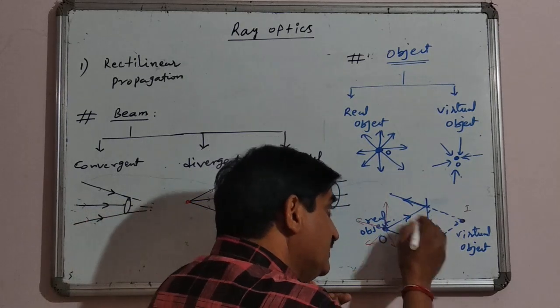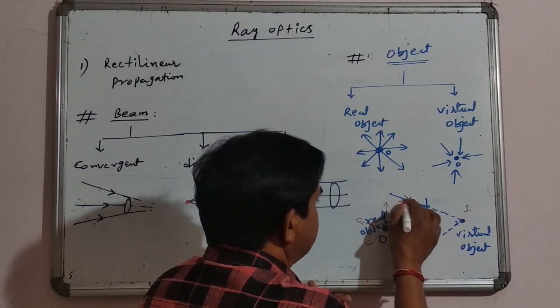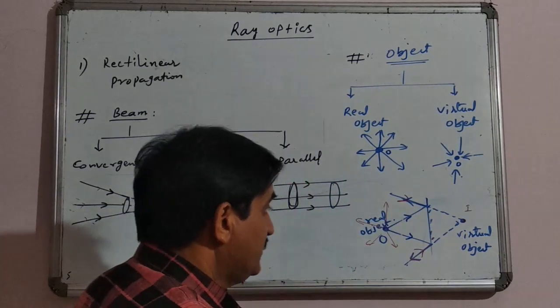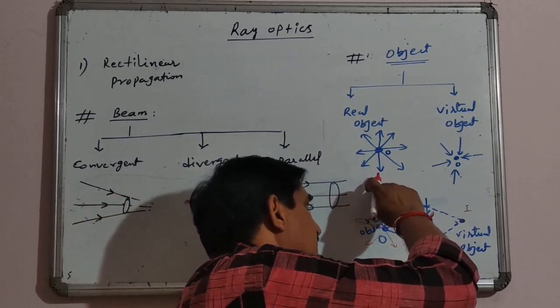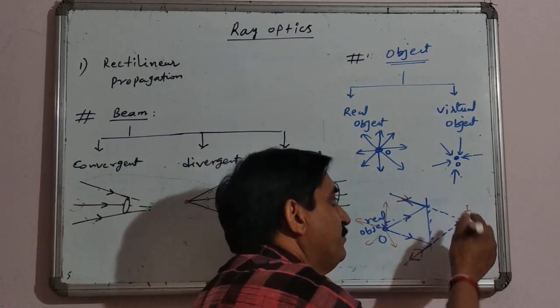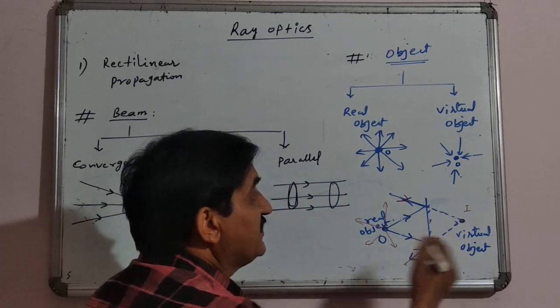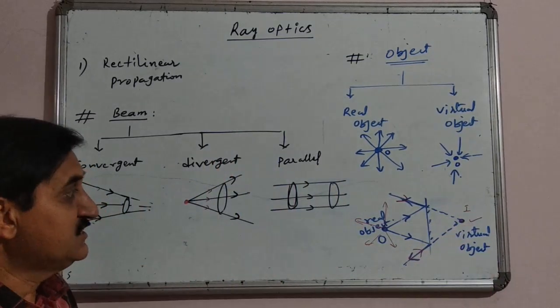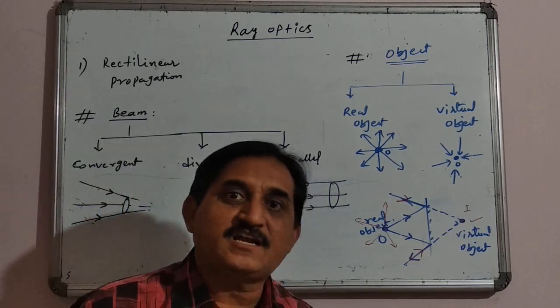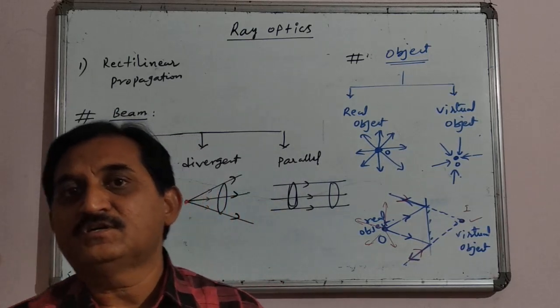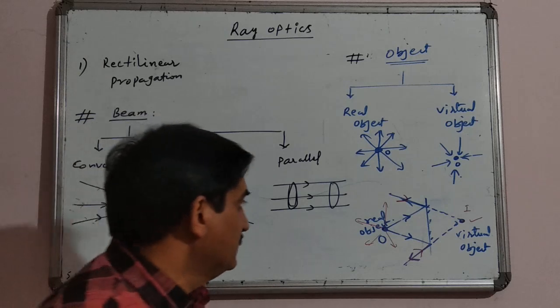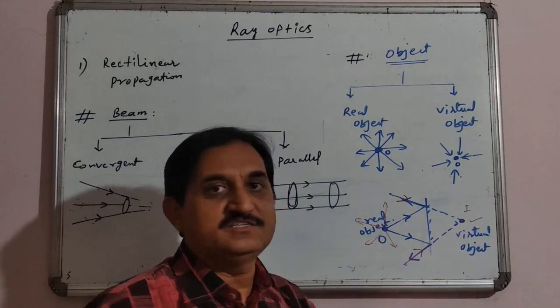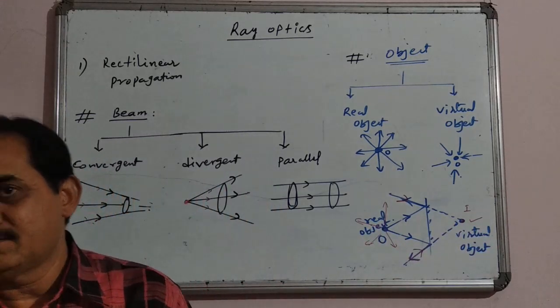Now these light rays are reversed, and they converge to a point. The point of convergence is taken to be a virtual object. Therefore, this is exactly the way to distinguish a real object and a virtual object. So this is the real object and this is the virtual object.